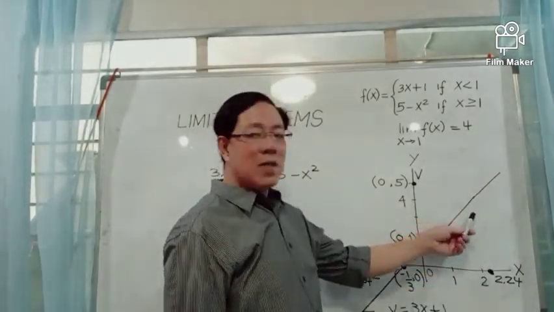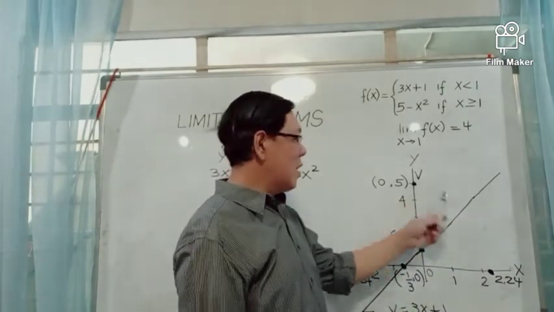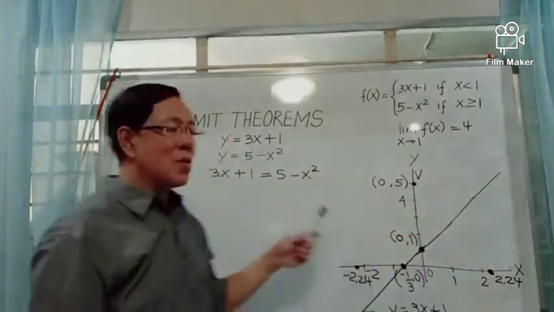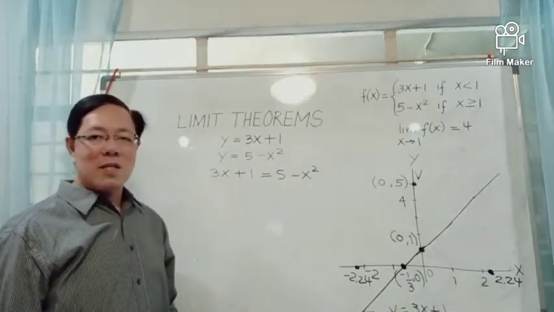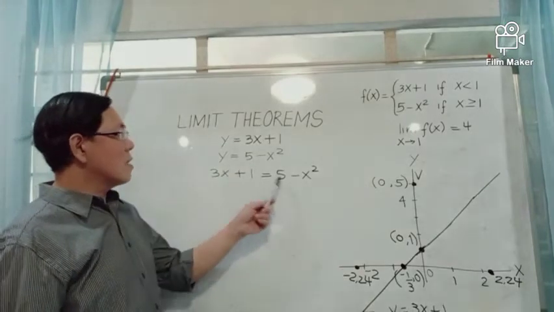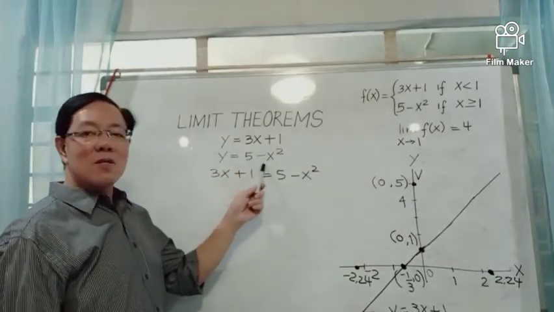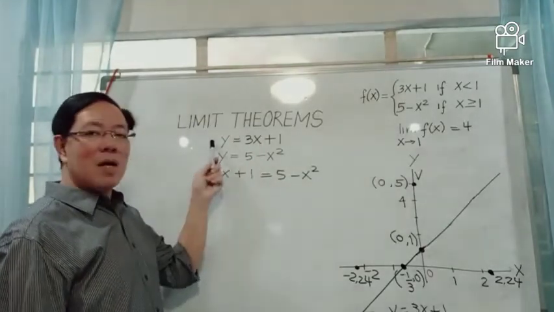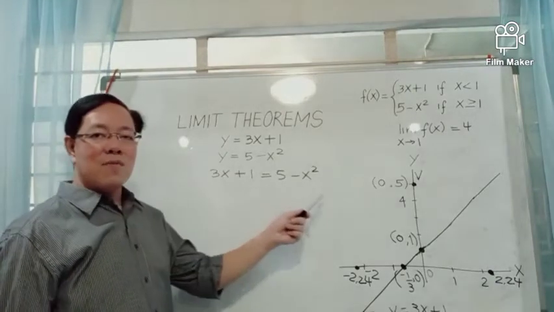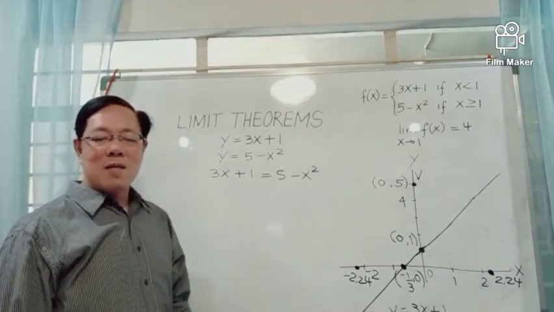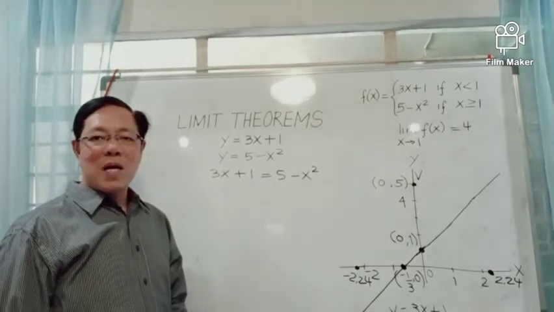To solve for the coordinates of the point of intersection, we have to solve the equation of the line and the equation of the parabola simultaneously. What we did here is equate 3x plus 1 with 5 minus x squared, since both of them are equal to y. From this equation, we solve for x. And after we solve for x, we solve for the value of y.